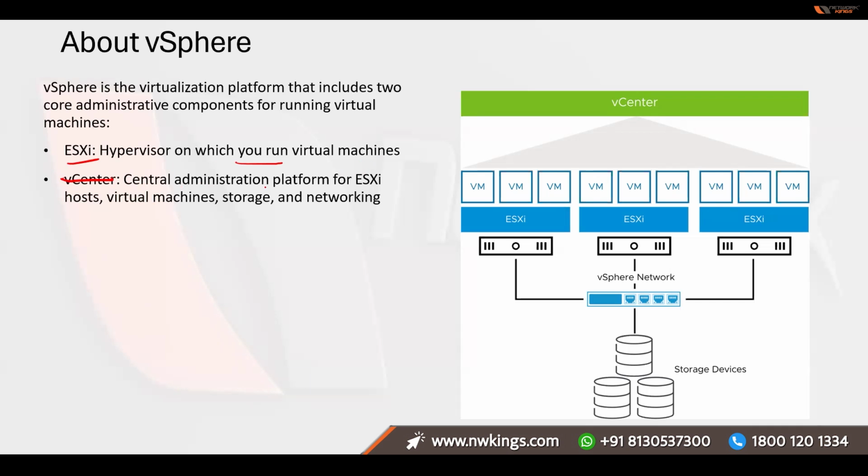vCenter is the centralized administration platform for ESXi hosts, virtual machines, storage, and networking. So multiple ESXi hosts you can manage by using vCenter. What vCenter is: it is a virtual appliance. There's a difference between a virtual appliance and a virtual machine.